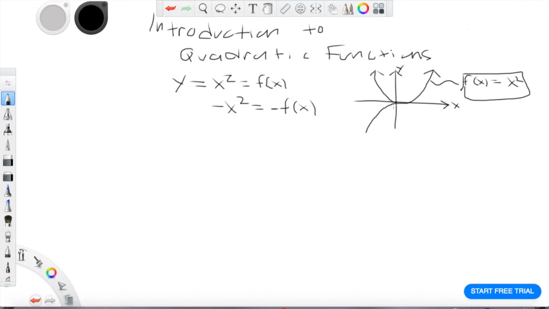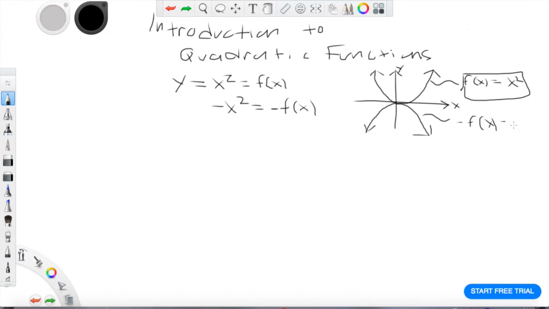And it's something that looks like this. And it looks like a depressed face. It looks like a sad face. And this function, here, let's denote this, is going to be negative f of x is equal to negative x squared.